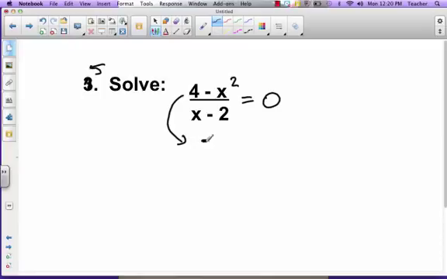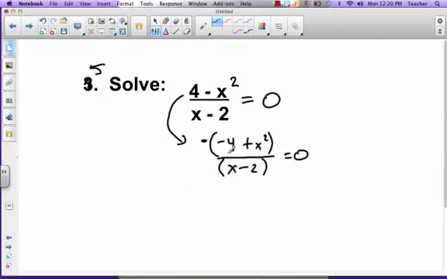We factor out a negative, and what happens is that if you factor out a negative out of the numerator, you're left with a negative quantity of 4 plus x squared. And then that's again divided by x minus 2. I'm going to put parentheses around x minus 2, set equal to 0.